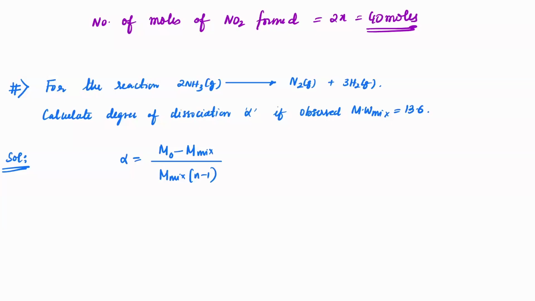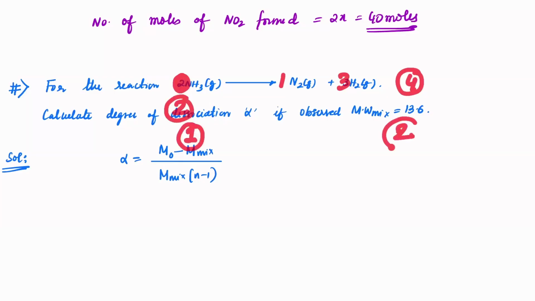First, you have to realize this formula, that alpha can be written this way. Second, what is the n value? The n value is the number of products forming for every 1 mole of reactant. Here for 2 moles, I'm getting 1 plus 3, total 4 moles. So for 1 mole, I should get 2 moles.